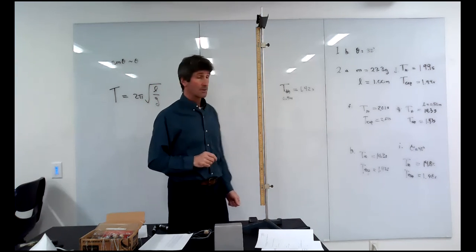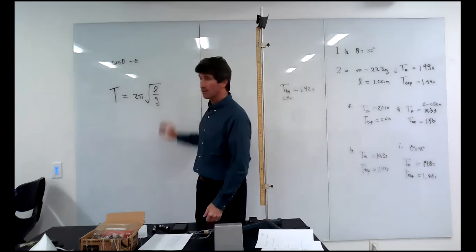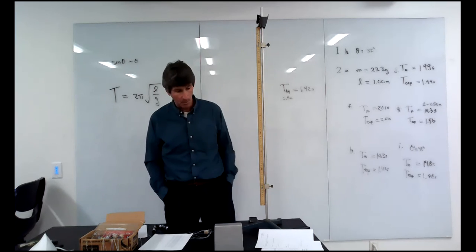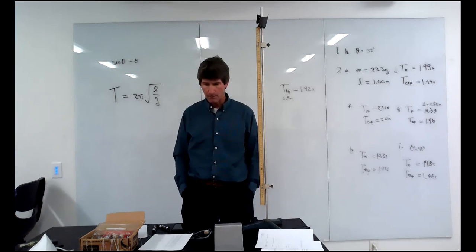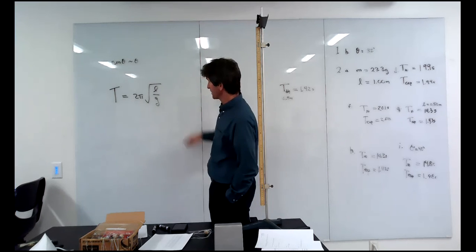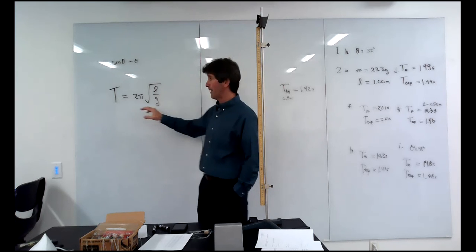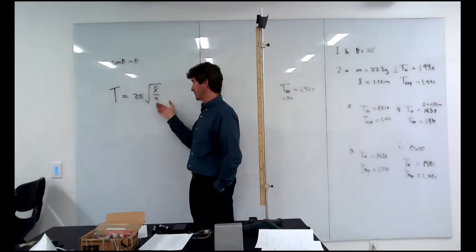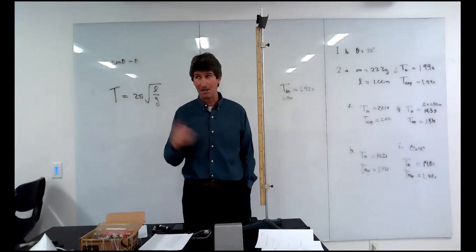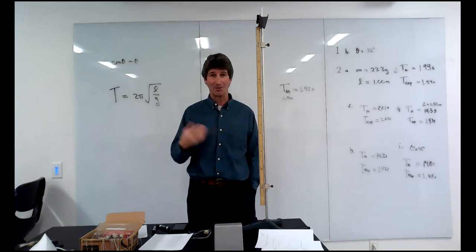All right? So once again, here's the equation that we're testing. We're testing the small angle approximation for a simple pendulum. Okay? It states that only the length of the pendulum will affect the period. Yes, acceleration of gravity will affect the period, but I can't travel to the moon or Mars to change the gravity.